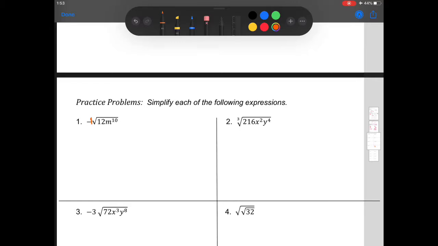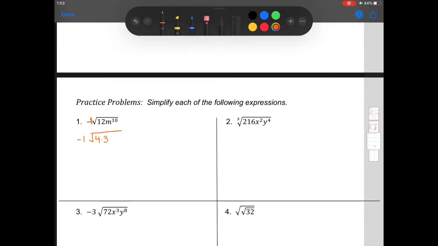This is negative, there's a 1 in there. So this is -1 radical. Again, please copy your list of perfect squares and cubes from the last page, or you can just write it on your own. 12 is not a perfect square, so find me 2 numbers, one of them is a perfect square, that goes into 12.